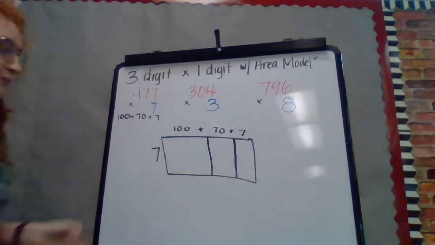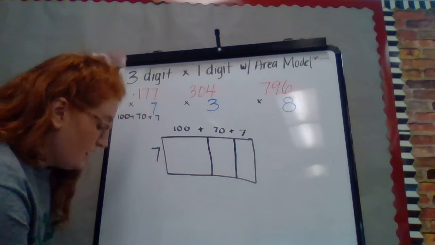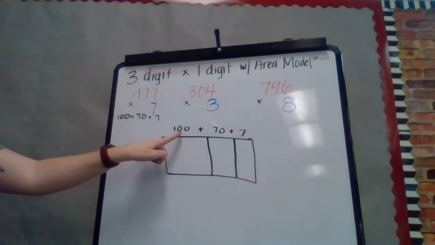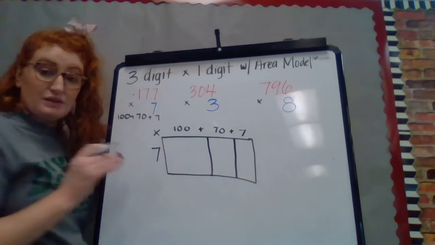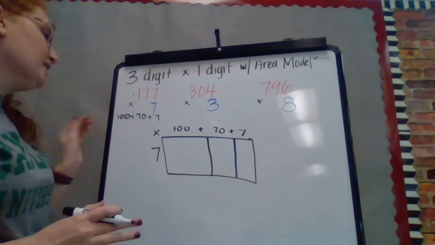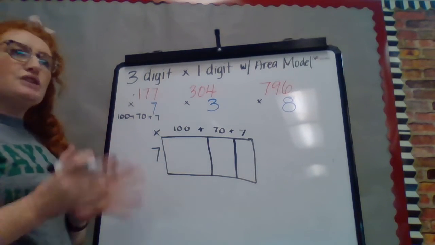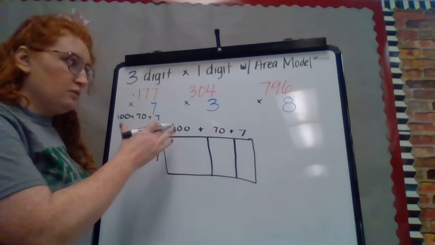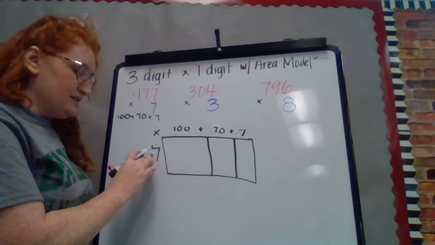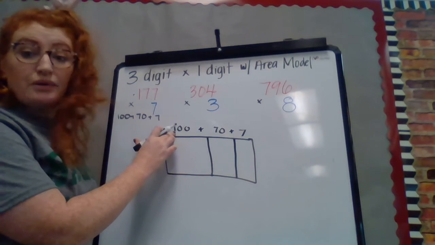So here we go. I'm going to start right now. 100 times 7. And remember, I like to use this little multiplication sign in the corner to remind me. 100 times 7 is pretty easy because whatever 100 times a number is going to give us this number times the number in the hundreds place.